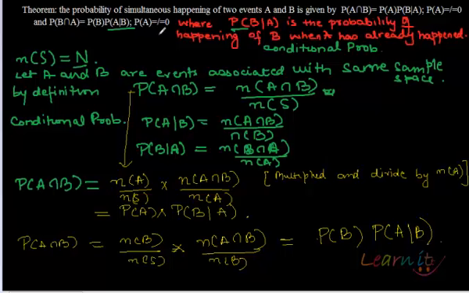So this is essentially the probability of the first event happening multiplied by the probability of the second event happening when the first event has already happened. In this case, B is happening first. In this case, A is happening first.